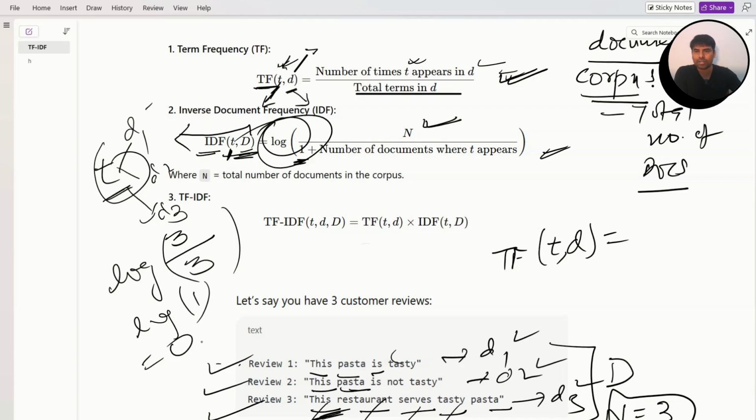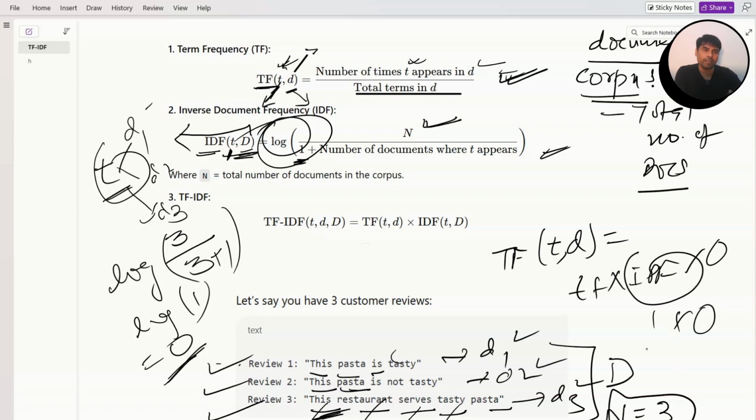Because if you get 0, I don't want to get 0. That is why I add a plus 1 here, just to avoid getting 0, because I have to multiply. Generally, we multiply TF and IDF. If I got IDF 0, and you multiply 0 with any number, it becomes 0.